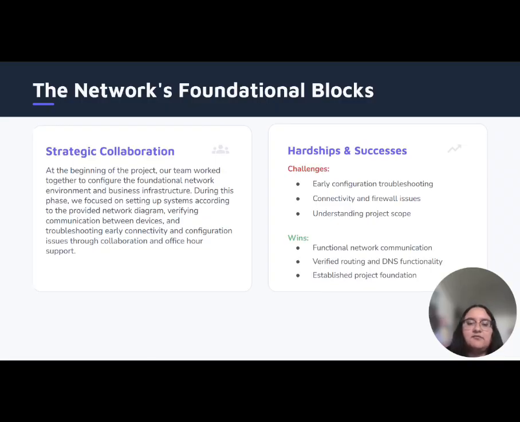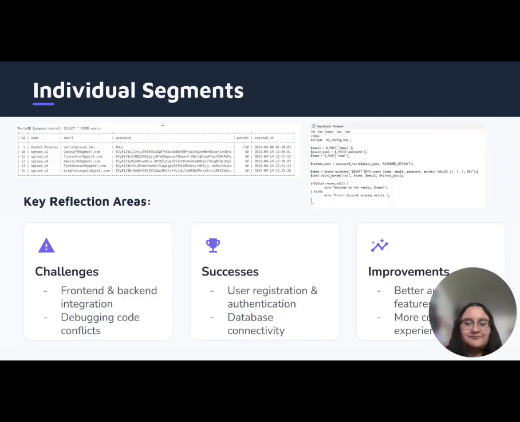These steps helped verify the communication across the environment was working properly before moving on to the later stages of the project. For my part, I mainly worked on networking configuration, database integration, and implementing the website's registration and login functionality.